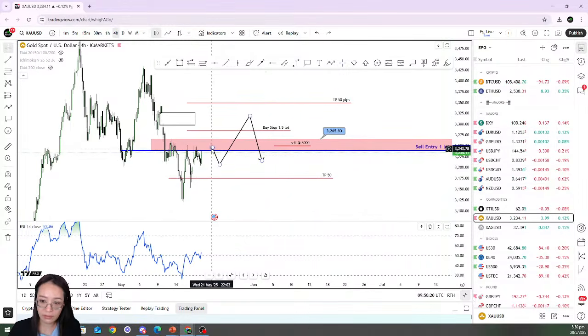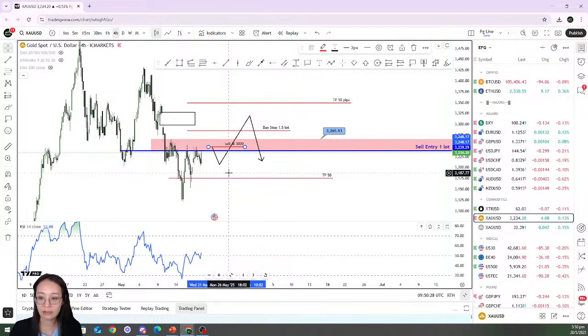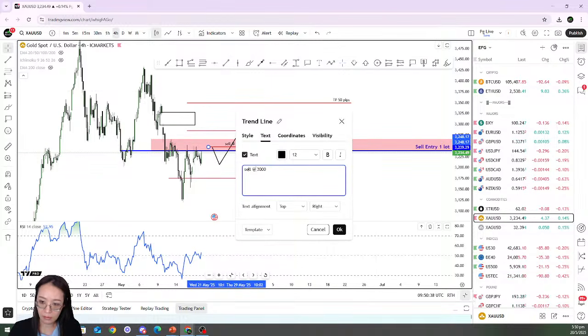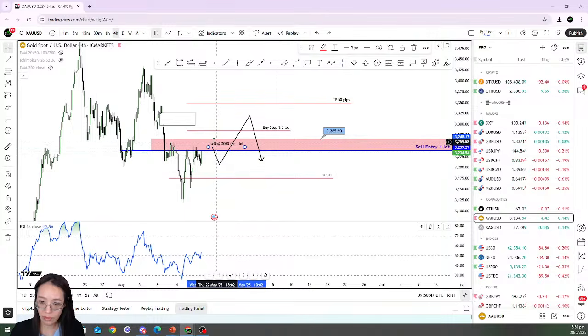Let's say first we sell here. Price falls a few pip, after that it rises and triggers your buy stop, and what you need to do is sell one lot here, for one lot. Anyone confused, you can let me know, I will explain.